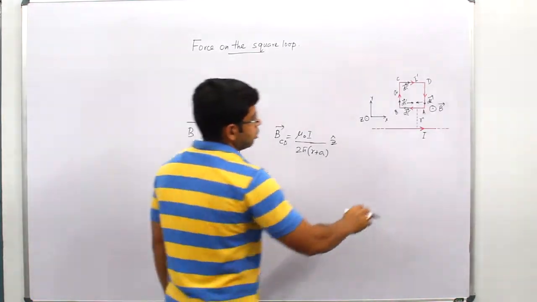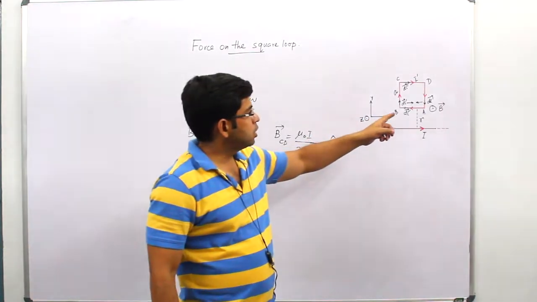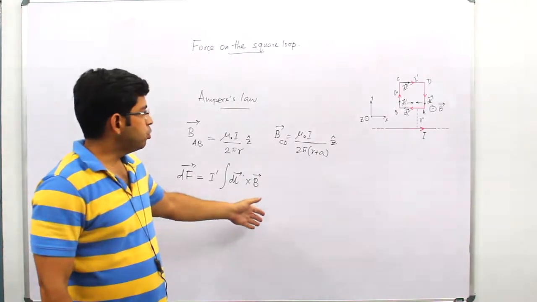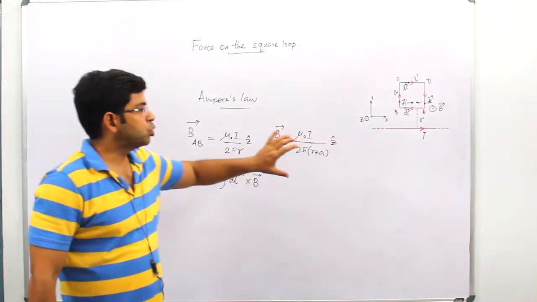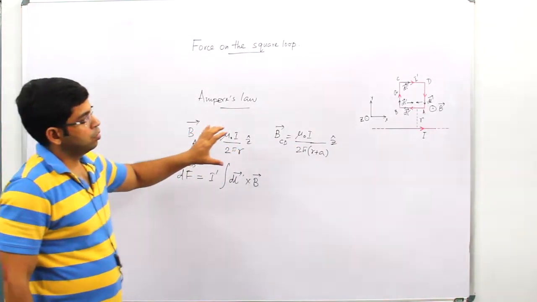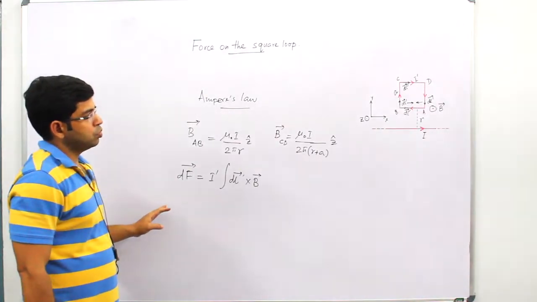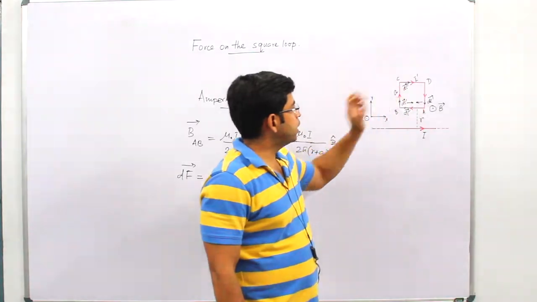So you see, for each such length element on the arms BC and AD, the forces will be equal and opposite. So if we integrate for the entire lengths of the arms BC and AD, the total force will be 0 because of these two arms. So the problem simplifies. We will only calculate the contribution to the force because of the arms AB and CD.